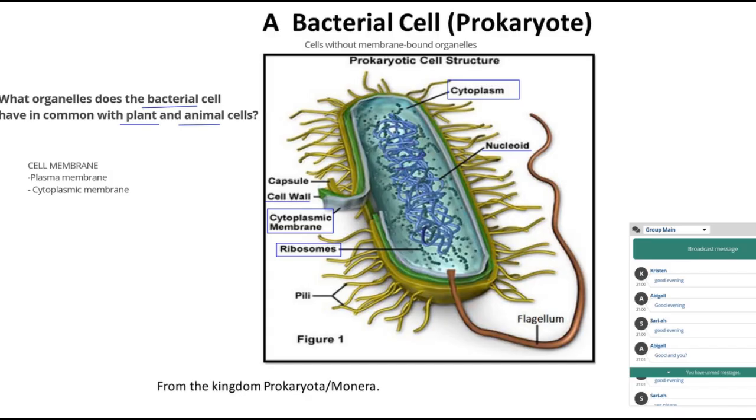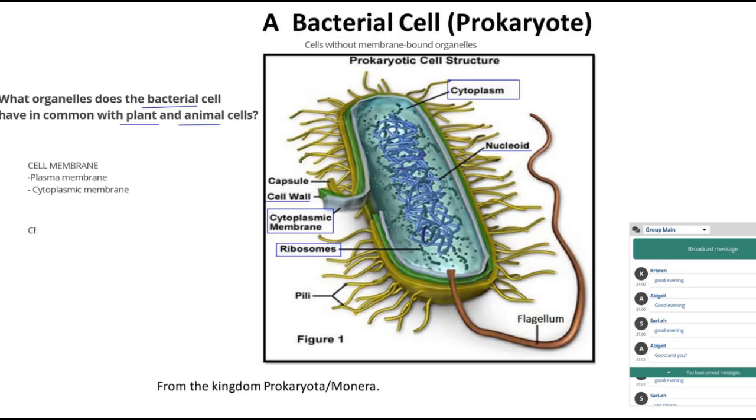So this is similar to a plant cell. The only thing is that the cell wall is going to be made up of different material than it was in the plant cell. So in a bacterial cell, the cell wall is made up of peptidoglycan. In the plant cell, it was made up of cellulose. So that is a difference there.